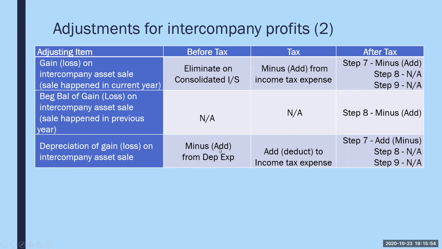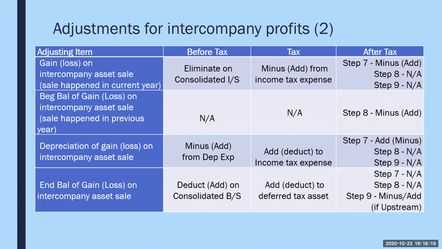And we achieve that by increasing depreciation expense. Higher the expense, lower will be the profit before tax. And so if it's lower profit before tax, then the income tax should be reduced. And the after-tax amount is adjusted in step 7, just like the inventory.